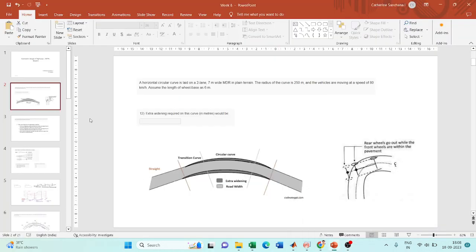If you remember, last week we were discussing horizontal curves, the introduction of super elevation and the equation for the radius of the curve, and we were solving problems related to that. From last week, I introduced a new way of giving the concepts.